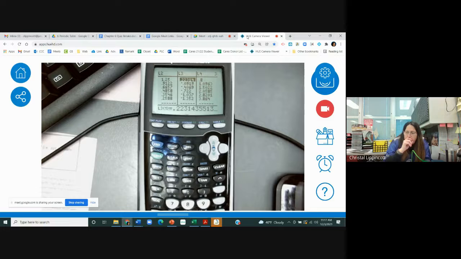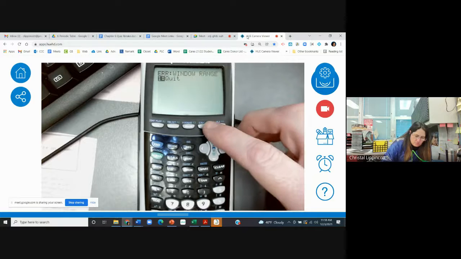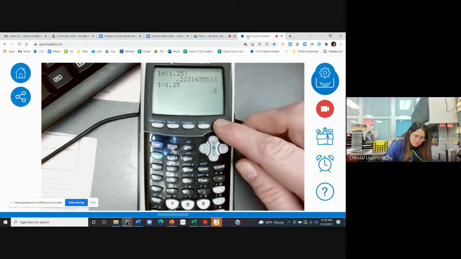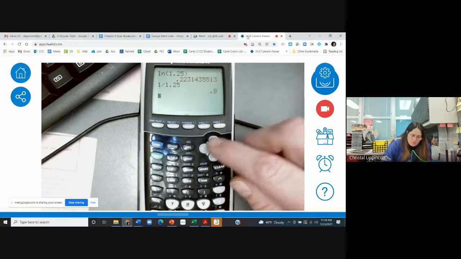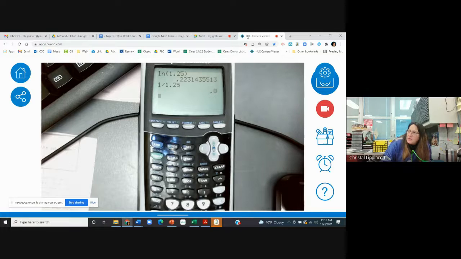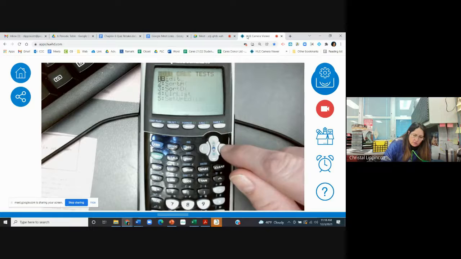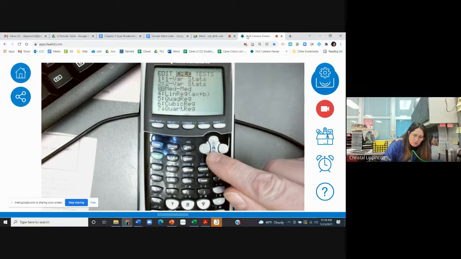And that gave me the straight line. That gave me the 0.999. That means that it's a straight line. So if I go here and go calc, and I go linear regression, and I select my list.